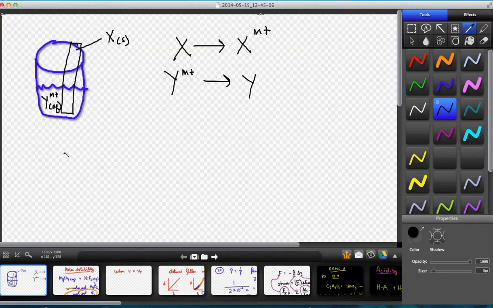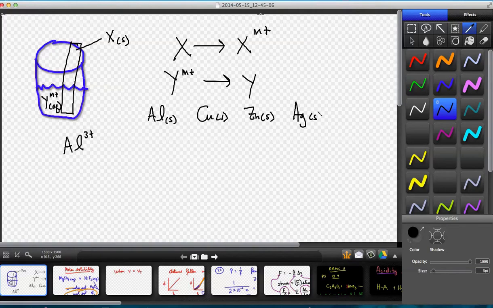So we have Al 3+ in a row, and then in columns we have aluminum metal, copper metal, zinc metal, silver metal, gold metal, and lead metal.